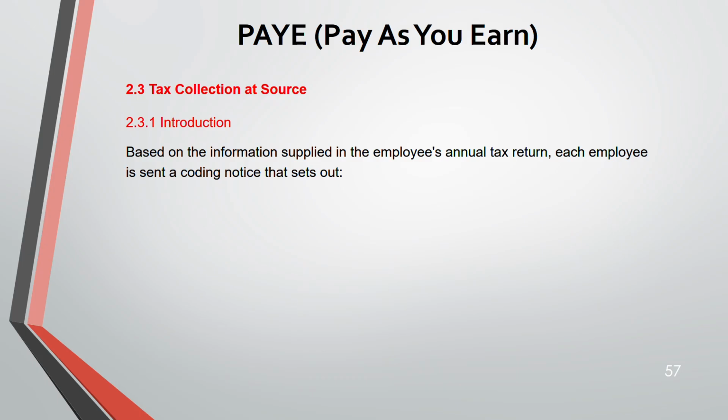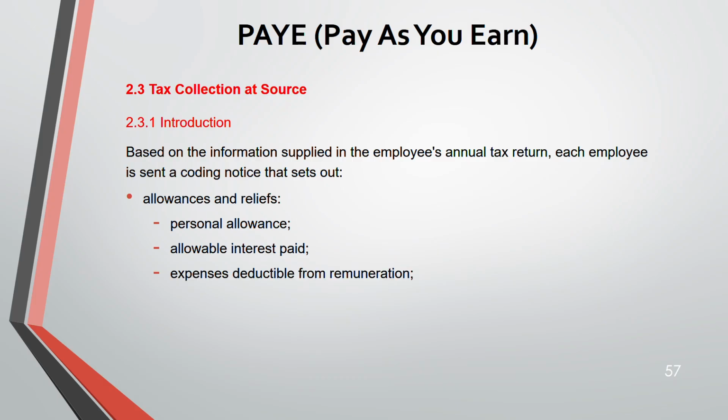Now, this tax collected at source is based on the information supplied by the employee's annual tax return. Each employee will be sent a notice of coding that sets out their allowances and reliefs. For example, what is their personal allowance, their allowable interest paid, expenses that can be deductible.